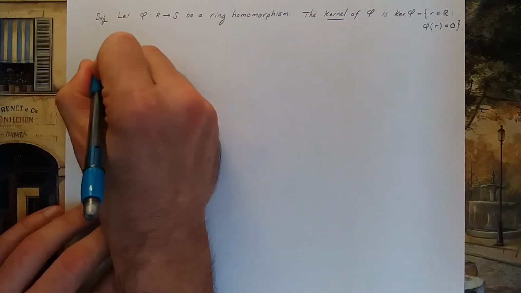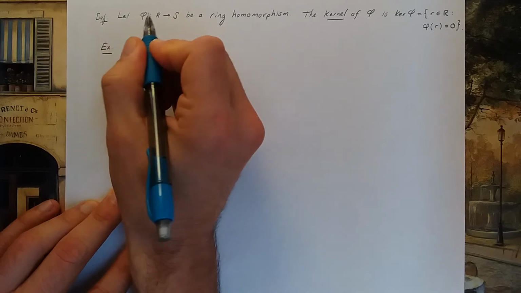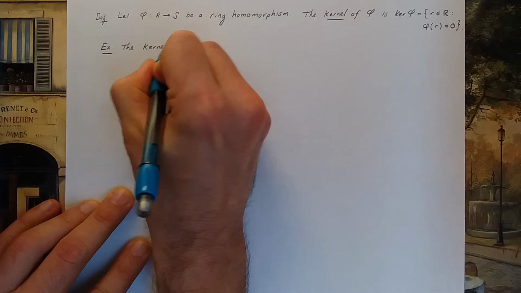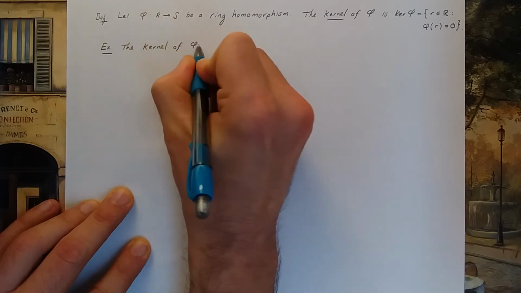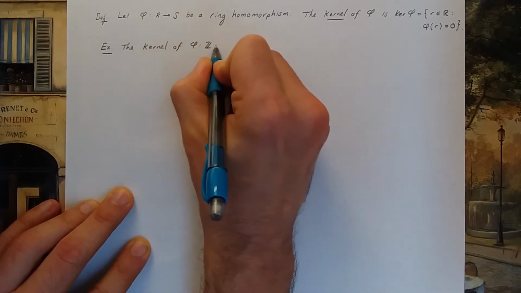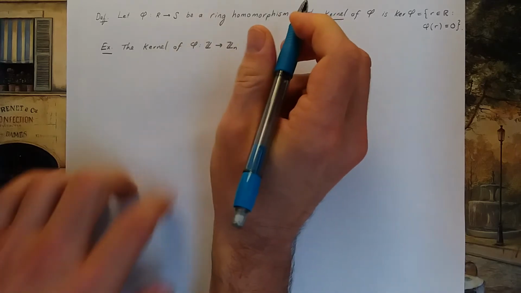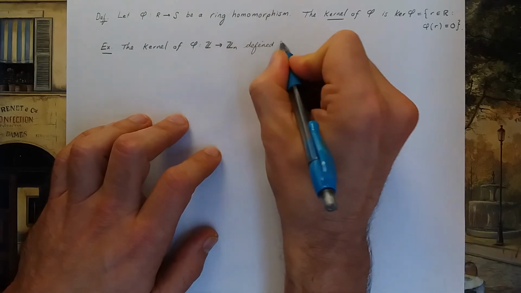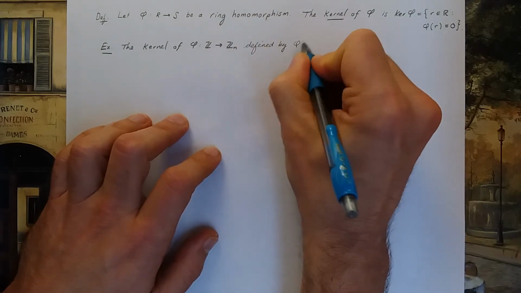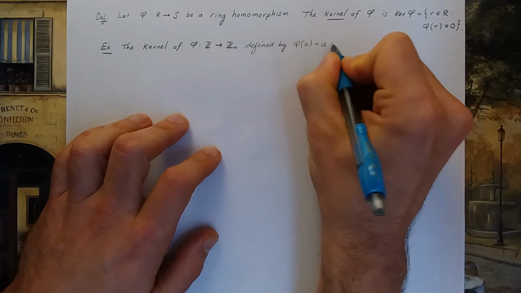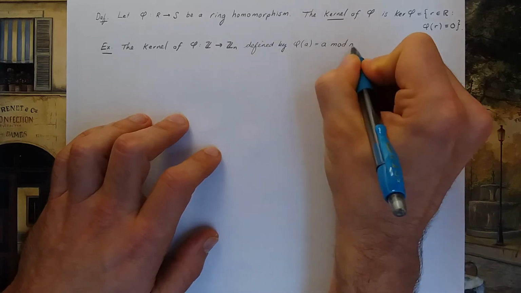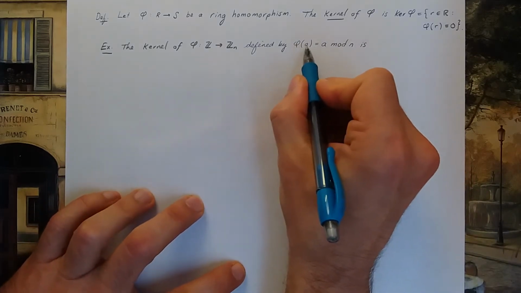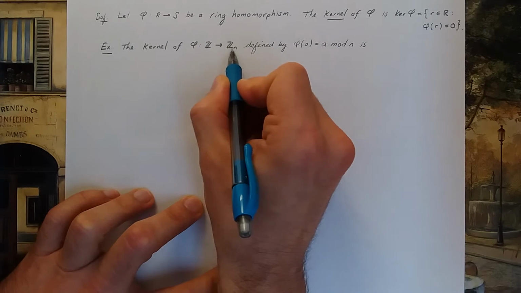Okay, so let's see some examples. The kernel of the ring homomorphism that sends integers to integers mod n, defined by phi of a is a mod n, is everything that the homomorphism sends to 0 in Zn.